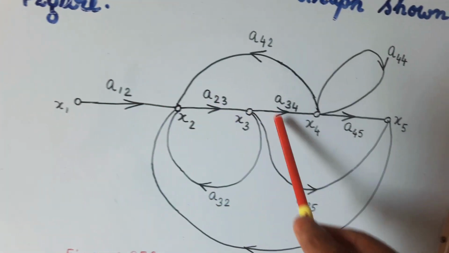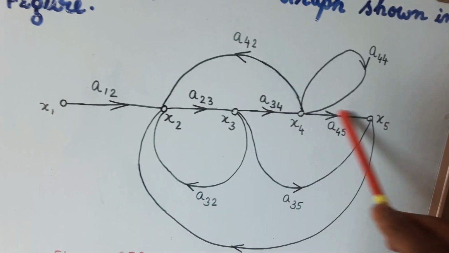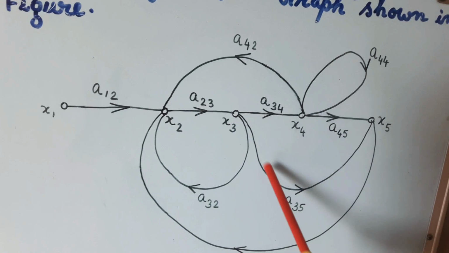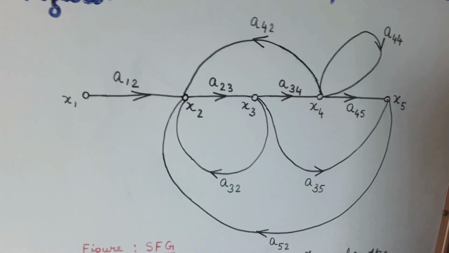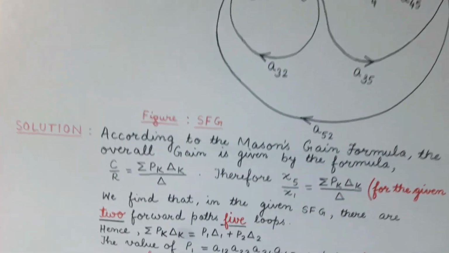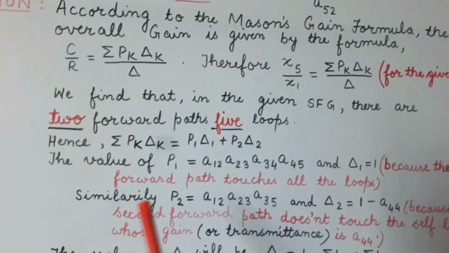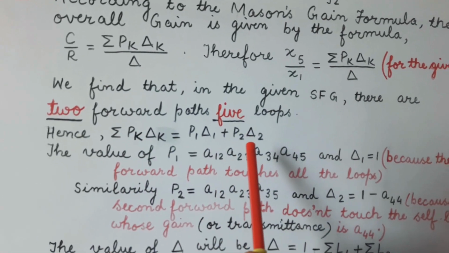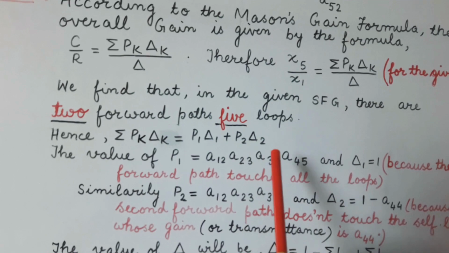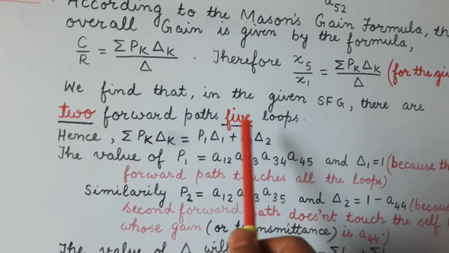So this is the second forward path. So the term summation Pk delta K will be equal to P1 into delta 1 plus P2 into delta 2, because there are only two forward paths. So we will get only two terms.